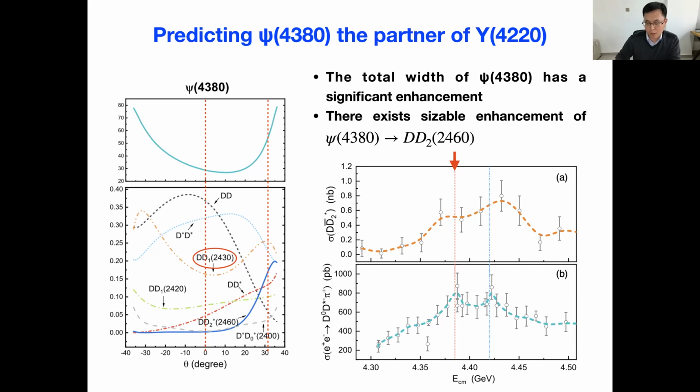I also noticed that in the DD2 decay channels, there exists some hint for the psi(4390). So I think future experiments should test this prediction.